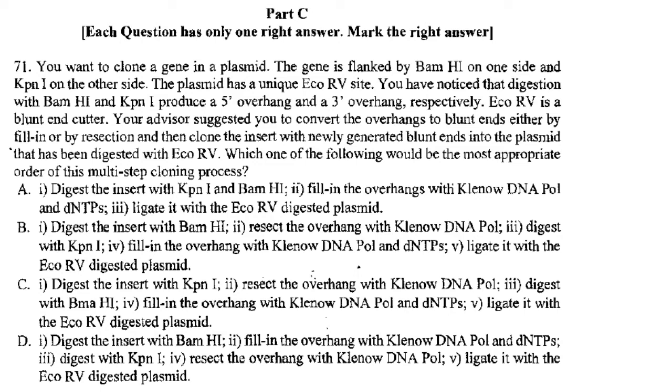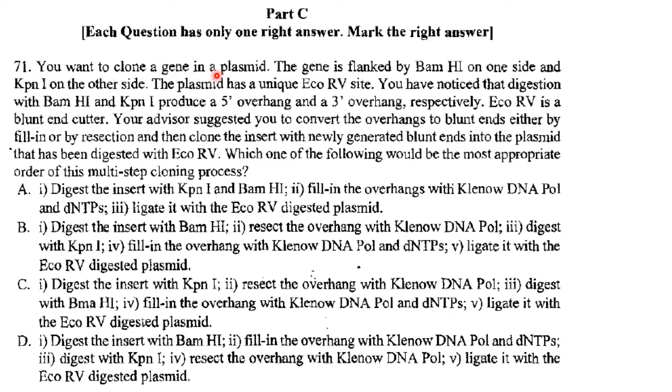So first one, you want to clone a gene in a plasmid. The gene is flanked by BamHI on one side and KpnI on the other side. The plasmid has a unique EcoRV site. So there is a gene.